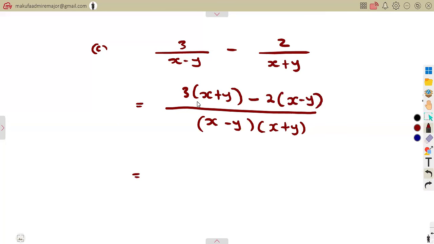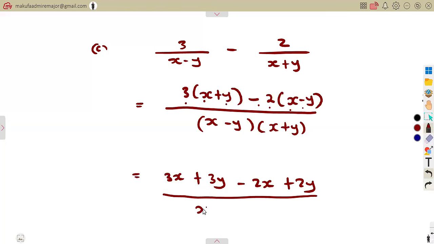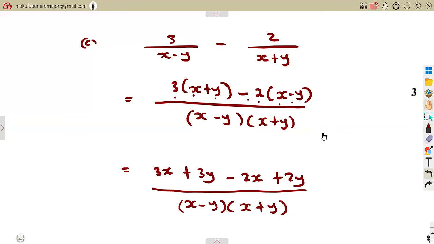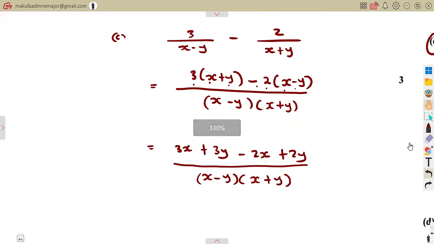Let us expand brackets, collect like terms. 3 times x, that will be 3x. 3 multiplies y, in this case, that will be 3y. Minus 2 times x, minus 2x, minus 2 and a minus, that is a positive 2y, everything over the 2 brackets that you are given, which is x minus y into the bracket of x plus y. All right, let's collect our terms. They've got like terms in this case, the x part and the x part, 3x and 2x.